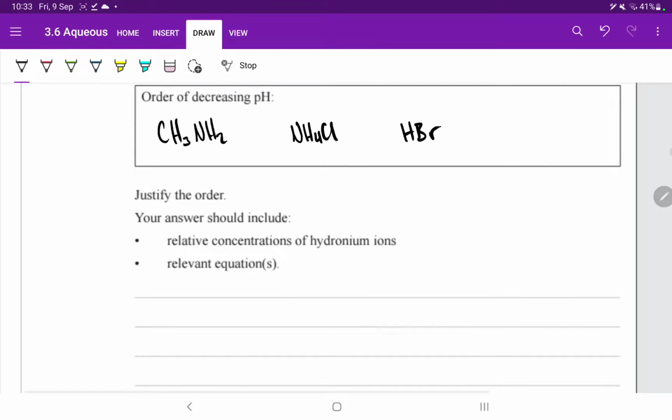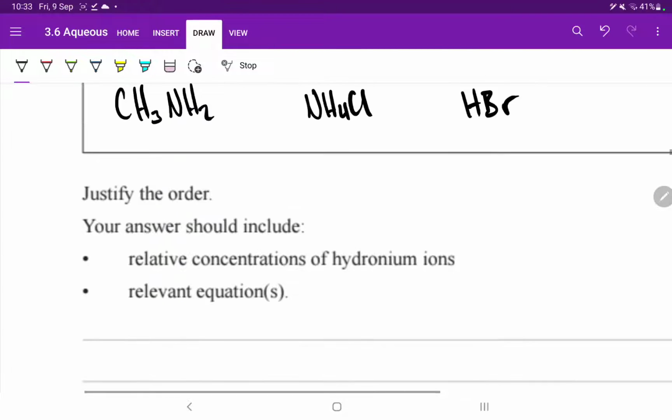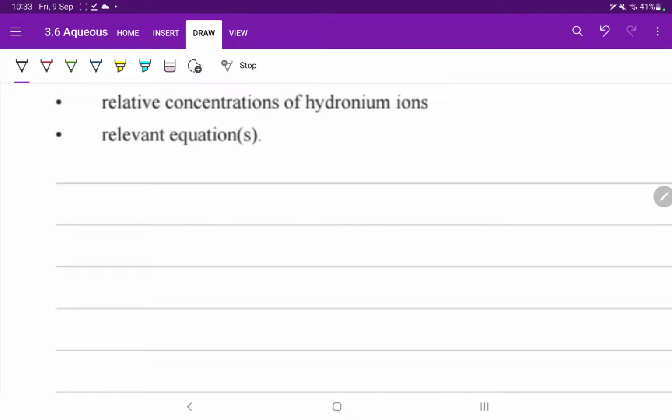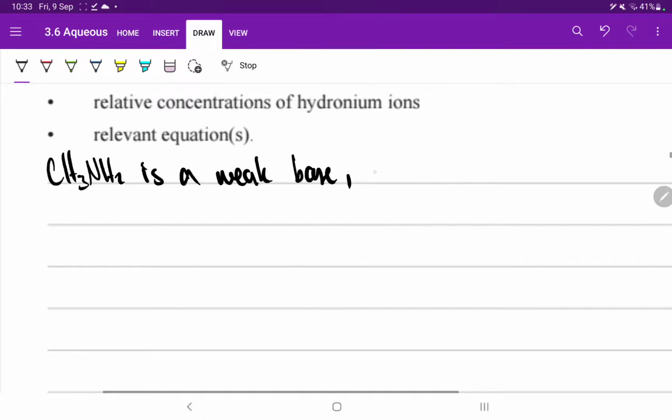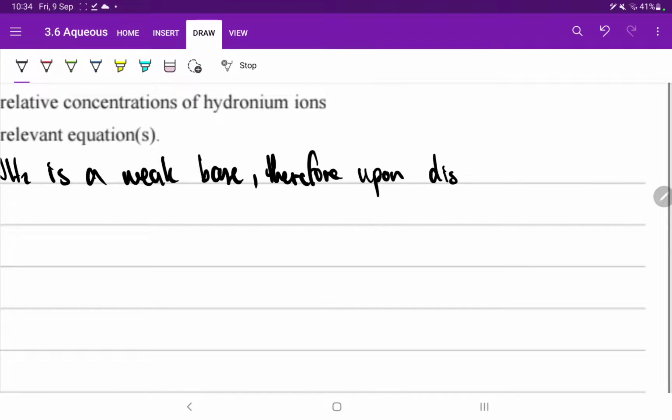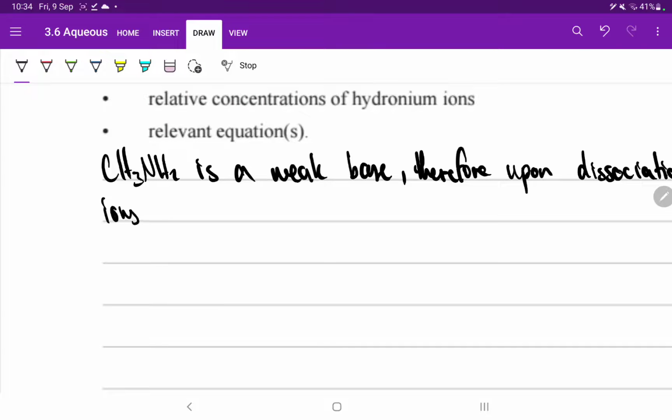Okay, so let's justify the first one, CH3NH2. It is a weak base. Therefore, upon dissociation, OH minus ions are produced.